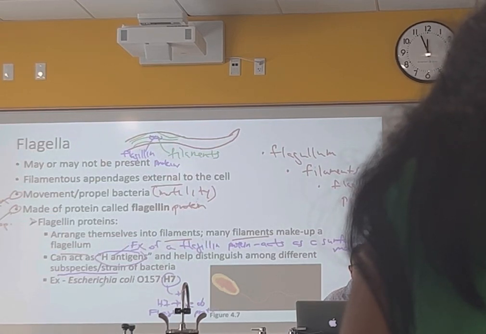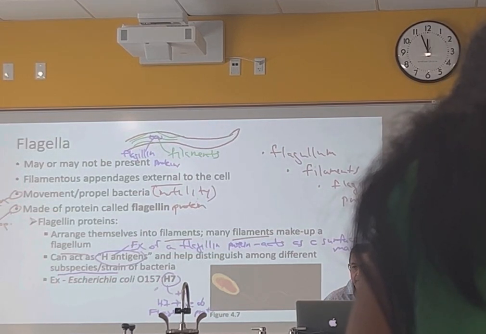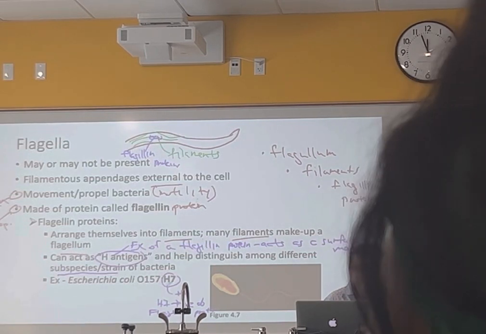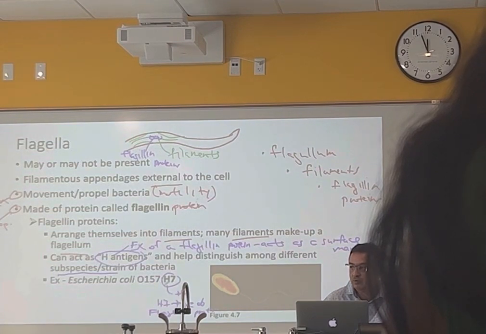So, question for you. E. coli O157H7 is motile or not motile? Motile means movement, right? Does E. coli O157H7 move? Well, it has the H7, which represents a flagellum protein.